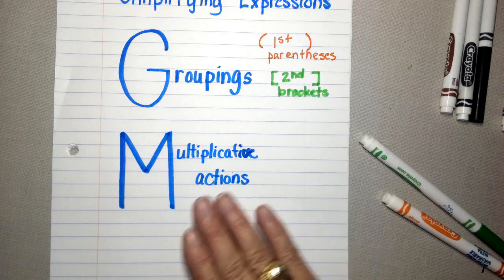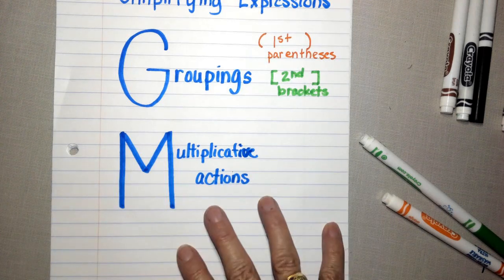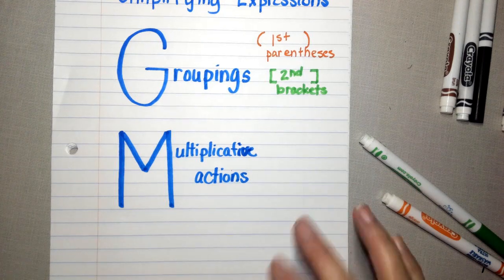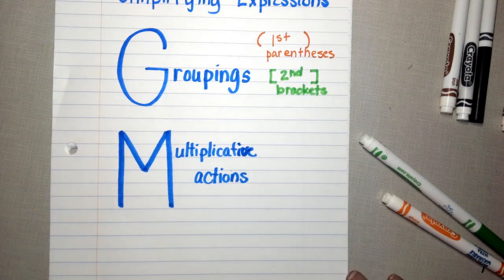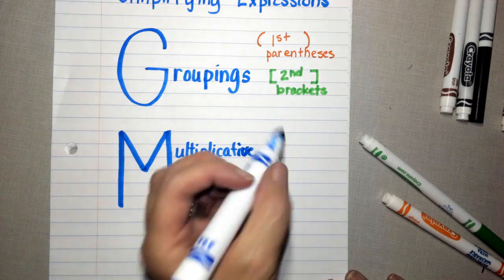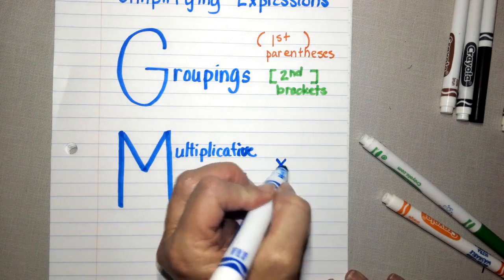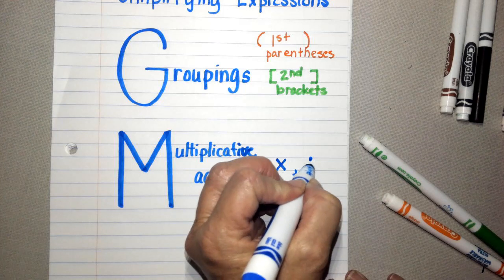And so anytime we have a multiplication or a division relationship, we're going to call those multiplicative actions. So those are any of our multiplying or dividing actions.